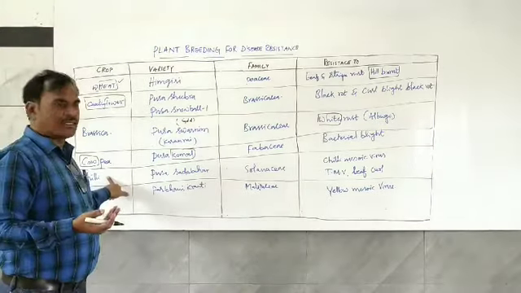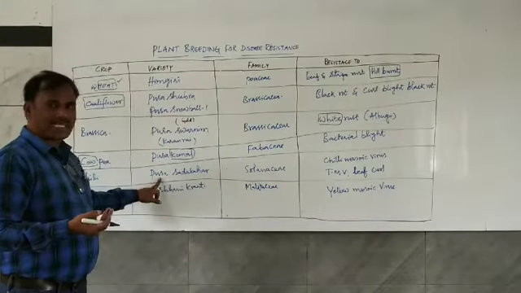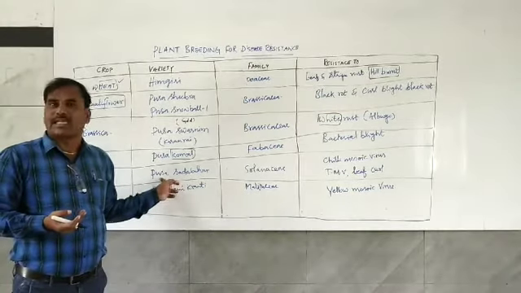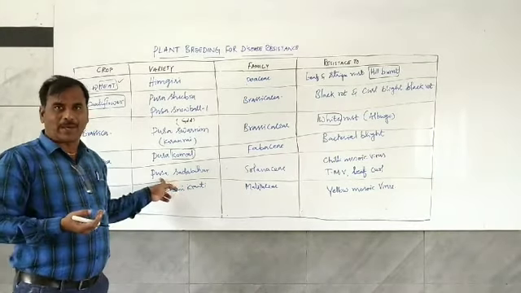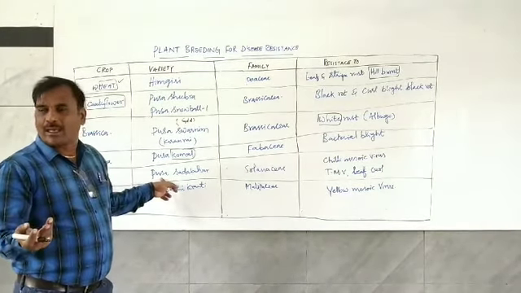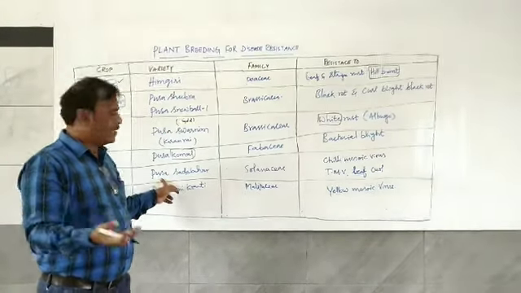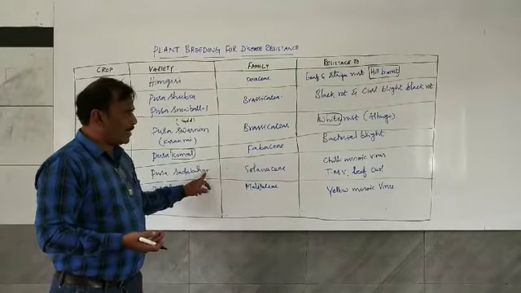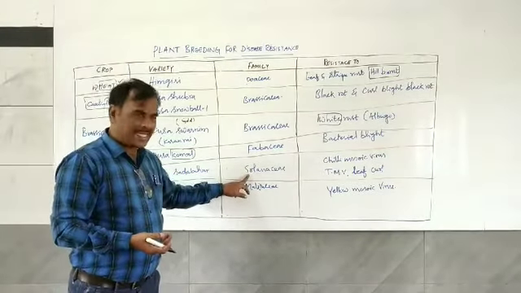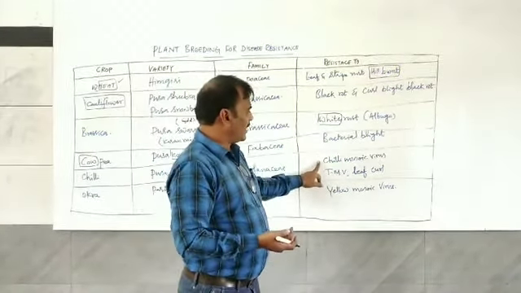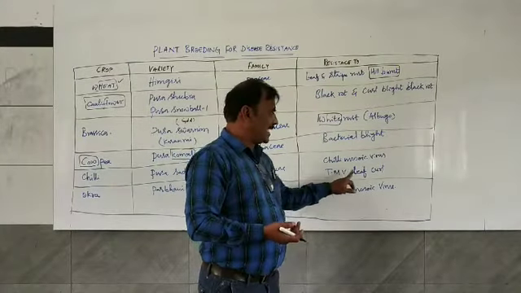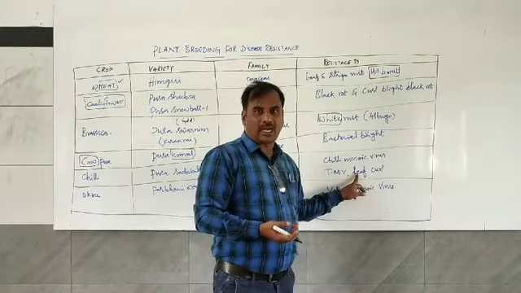Chili. Always chili, Pusa Sadabahar. Chili is always outside. Sadabahar means always outside. So Pusa Sadabahar belongs to Solanaceae. And chili mosaic virus, tobacco mosaic virus, leaf curl.